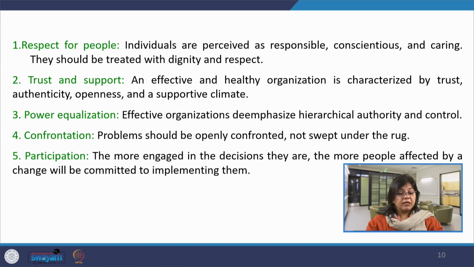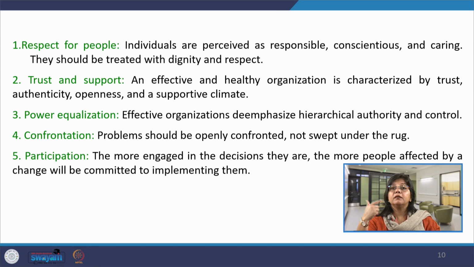And the fifth is participation. The more engaged in the decisions they are, the more people affected by a change will be committed to implementing them. So, the idea is that people or employees who are experiencing problems at workplaces must be allowed to participate in the problem solving process, where they are more willing to implement any change in order to resolve the problem, because they are facing it directly.